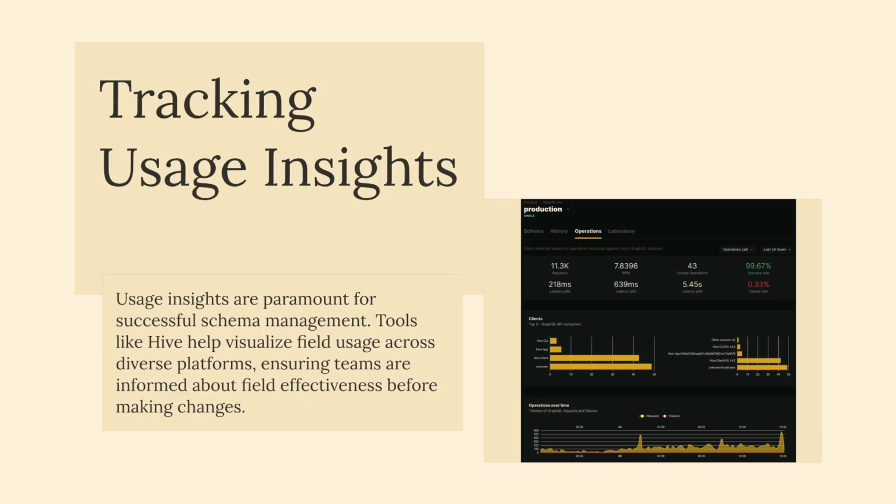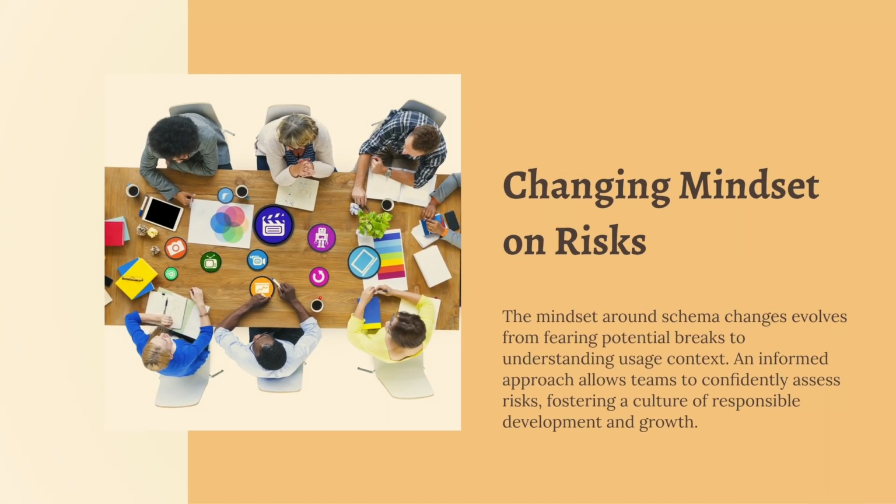By client, I mean not only mobile or web, but also modules. This is, by the way, just a screenshot from the Guild official documentation. One of the key points which we want to change in developers' mindset is the migration from the question, what if it breaks, to we know who uses what. Because if you know who uses what, then you're not scared to actually delete the thing.